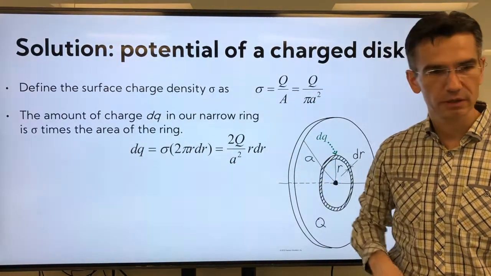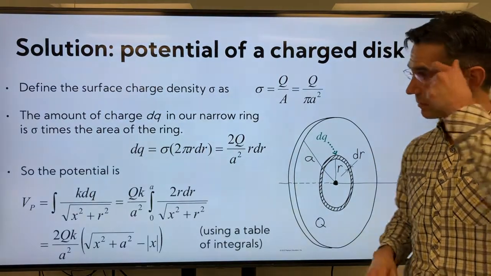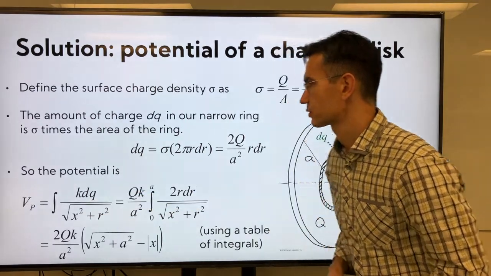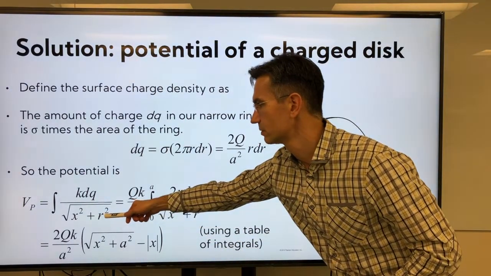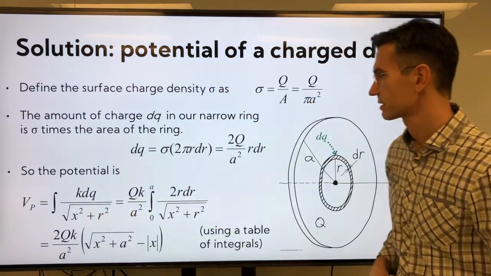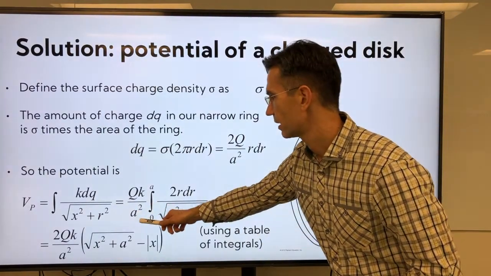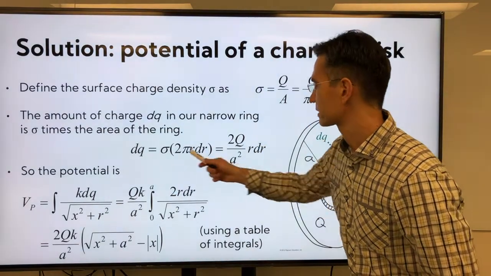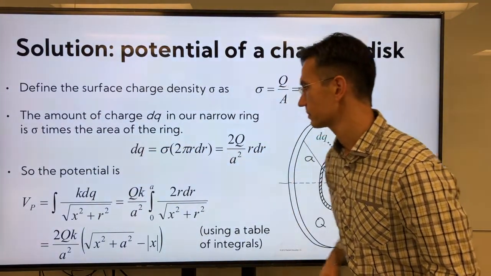So we go back to our integral. The electric potential Vp becomes k dq over the square root of x squared plus r squared, integrated from r equals 0 to a. Now we put our expression for dq in here.